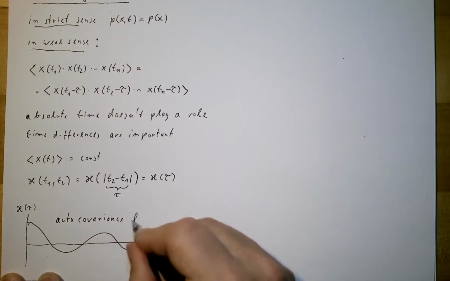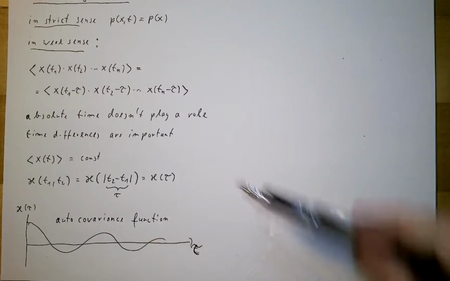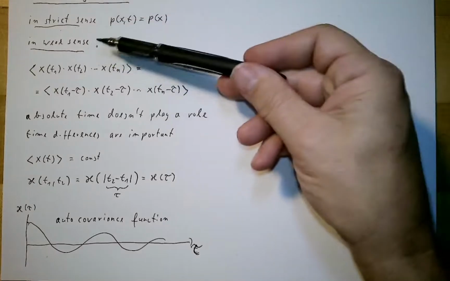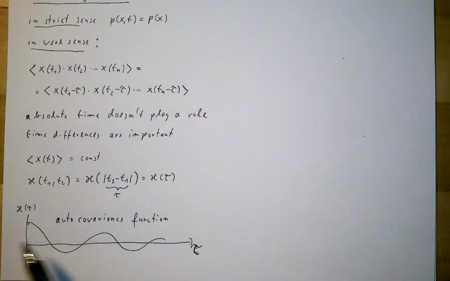Autocovariance function. And so usually, if we don't say anything else, we always assume we have stationary processes, at least in the weak sense. Then the autocovariance can be expressed as a function of a single variable, and that's the function which describes the memory in our system, because it tells us how random variables at a certain time are related to random variables at some arbitrary different time.